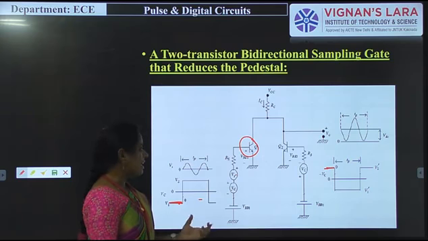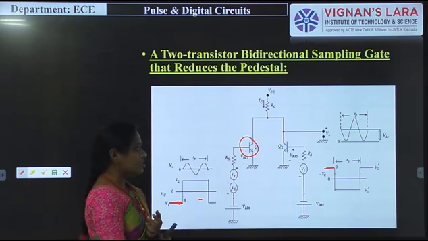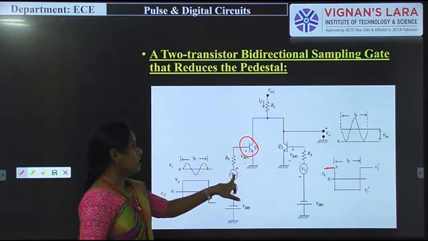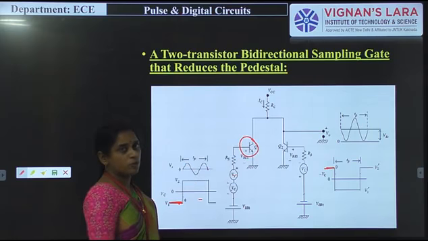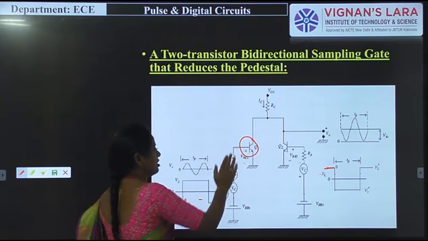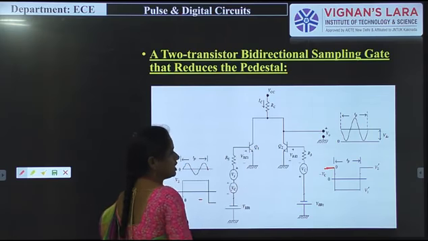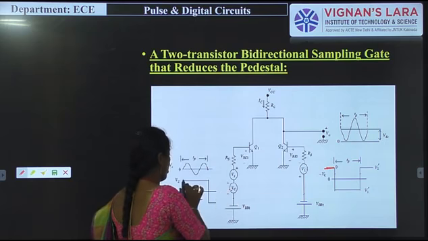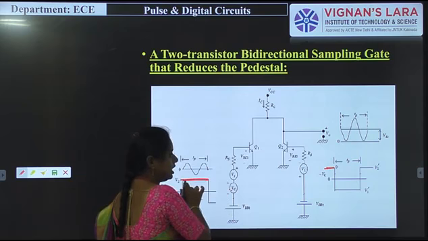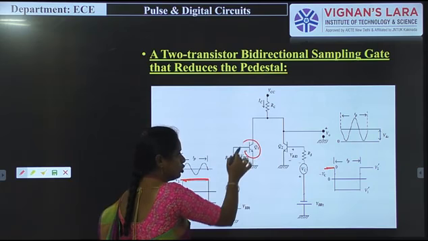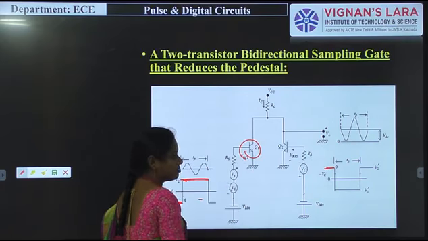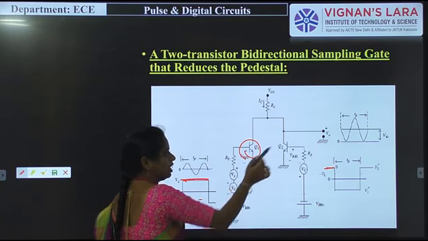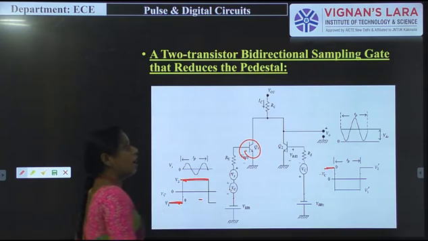At the second condition, the transistor Q2 is in the on condition, so whatever the input signal, this VS signal will reach the output side. There is a path for the VS signal, so the output signal will be reached. At the second condition, the VC is a positive signal, so this will reach the transistor Q1, and in this time the transistor Q2 goes to the off condition. During this time this signal will be produced at the output side.